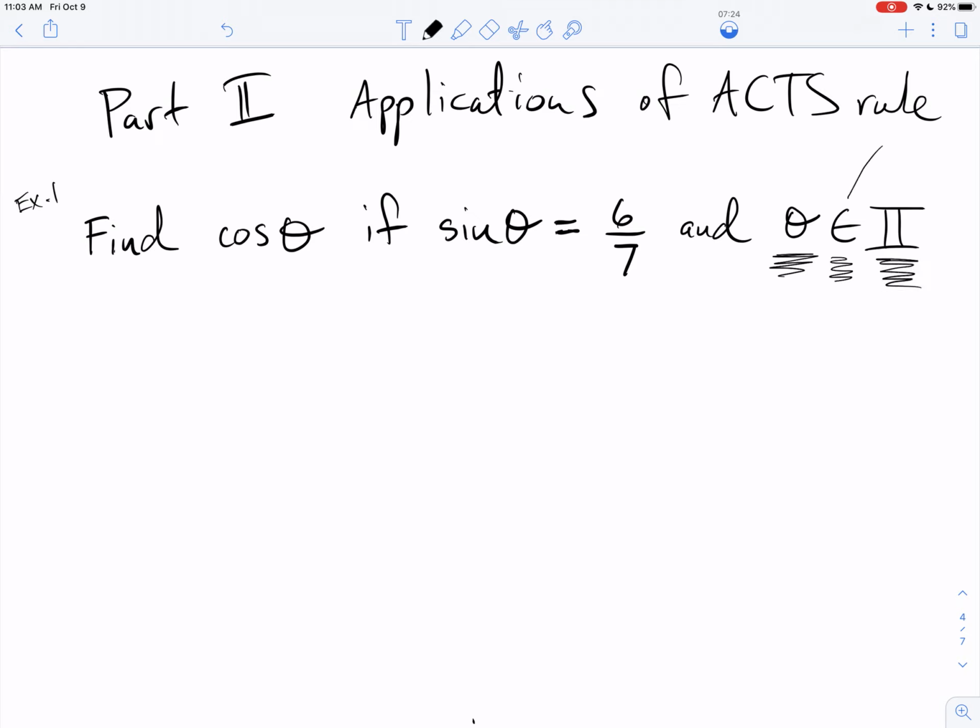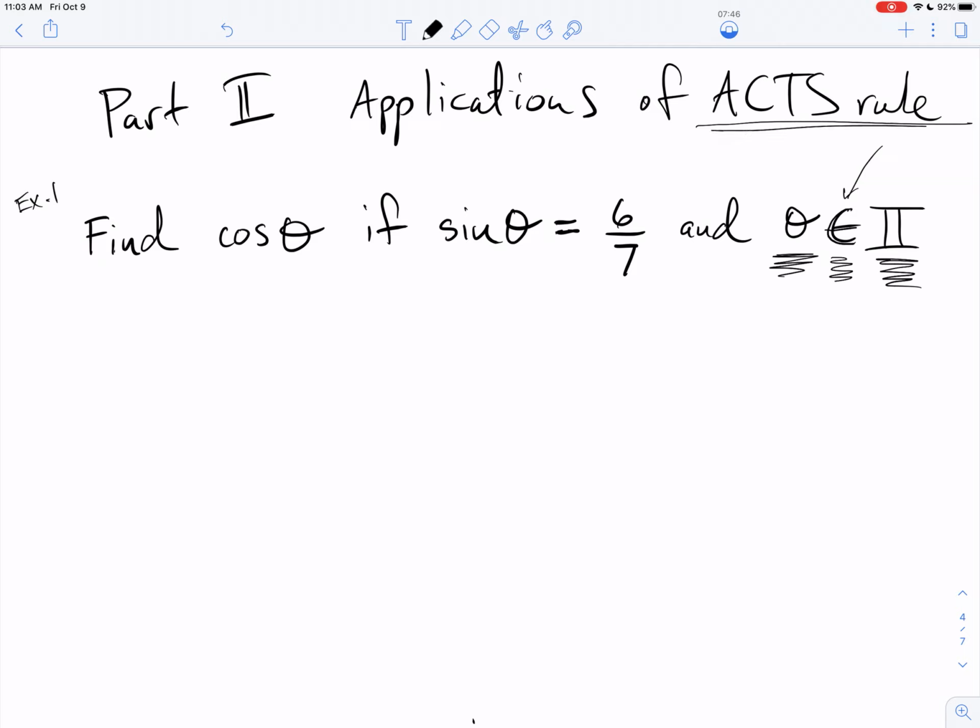This is a symbol we use in math when we want to say belongs to or is an element of, and that's why they use this Greek letter for element of.